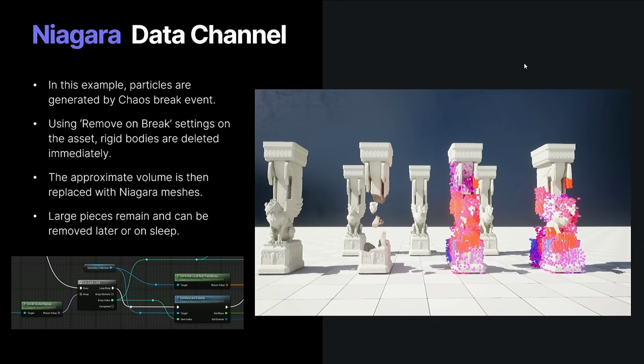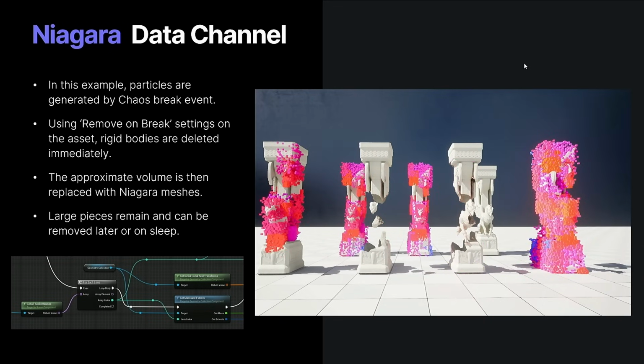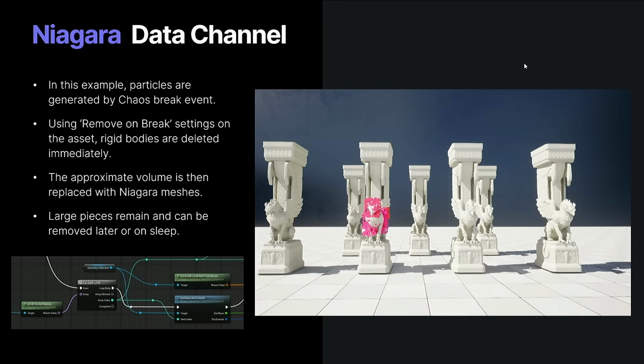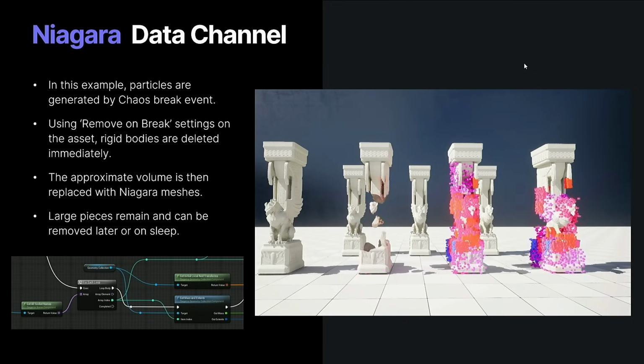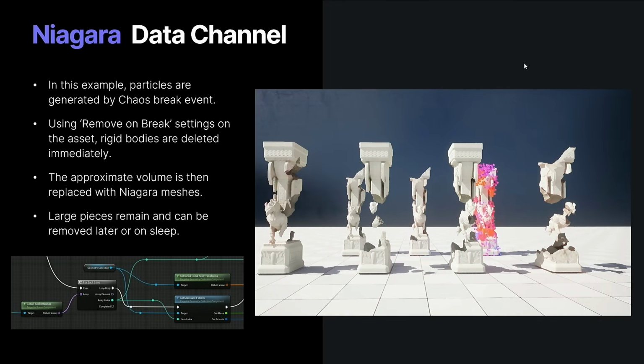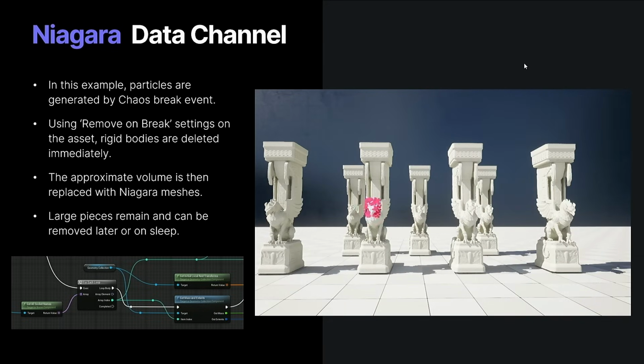And so what happens is when the piece is removed, it creates a Chaos removal event, and then we send that, or actually, no, we're doing on break, I'm sorry. But you can do it on either one. So on break, the piece gets removed completely, and we're filling that missing volume with a bunch of boxes in this case. And that gives us a chance to do some more cool stuff.